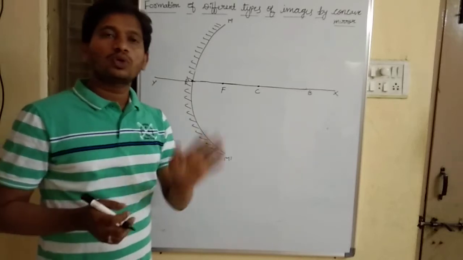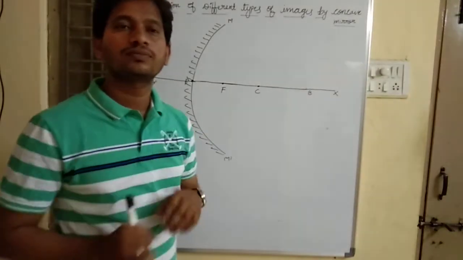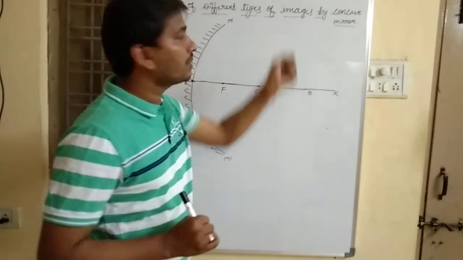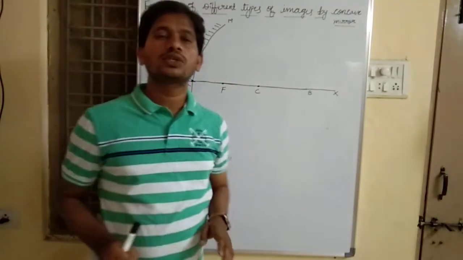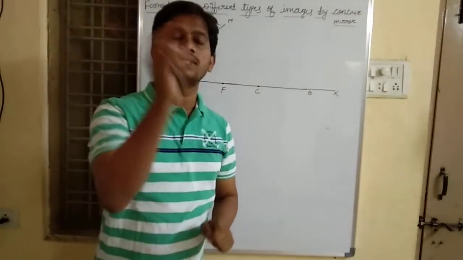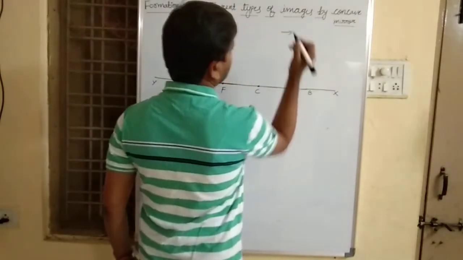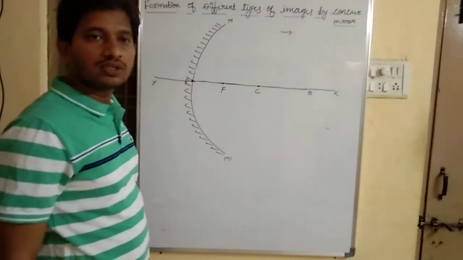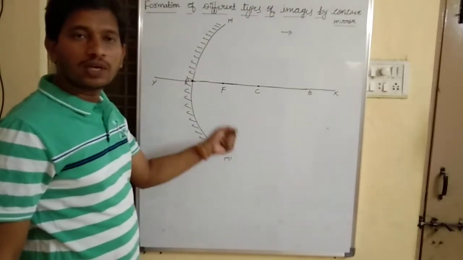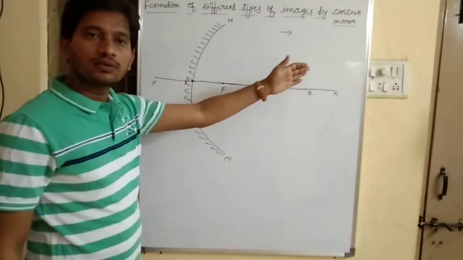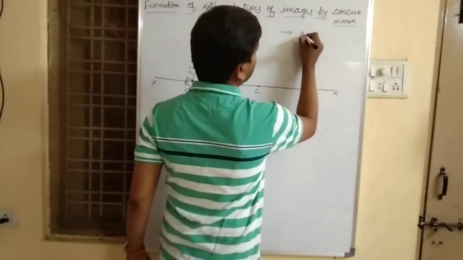For a concave mirror, we have totally 6 cases to find out the position of an image. The first case is we can place an object at infinity.